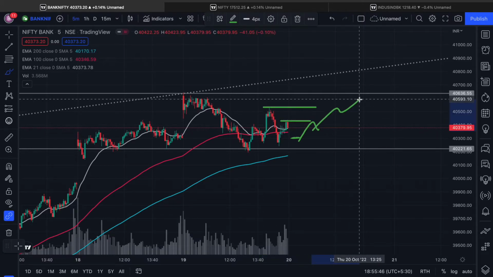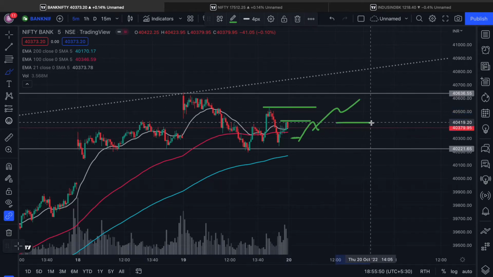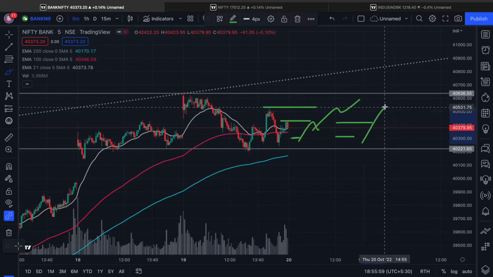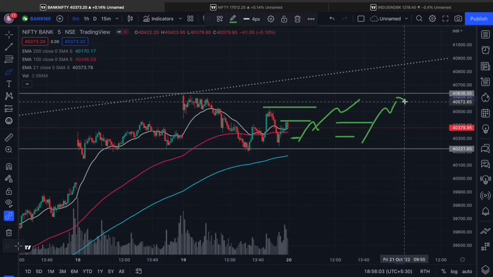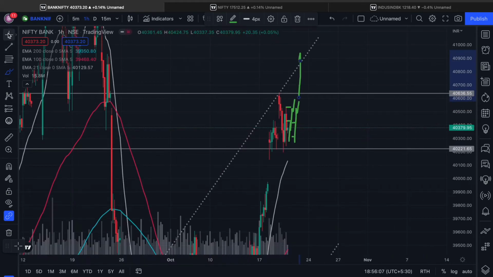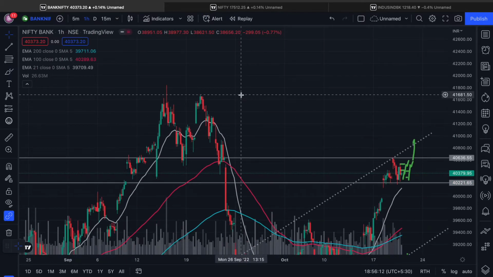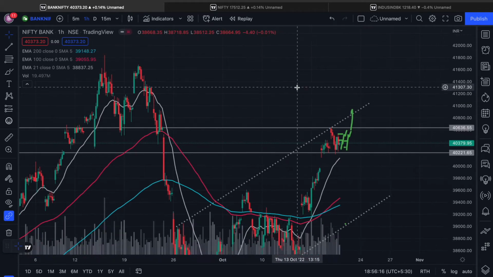So here if there is some intraday uptrend forming up, then you can actually play out an aggressive buy trade at these levels, and you can hold the call options or the futures, whatever you are trading on, and eventually if it breaks this previous day high, then we can actually expect a nice movement, possibly towards the all-time high, that is 41,800 to be precise, right?